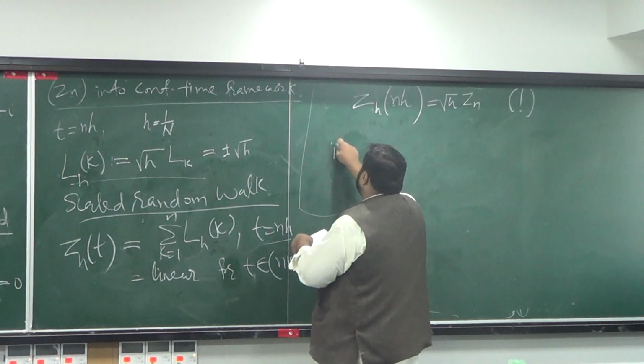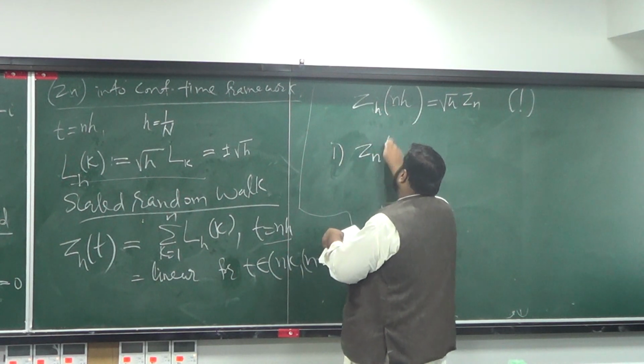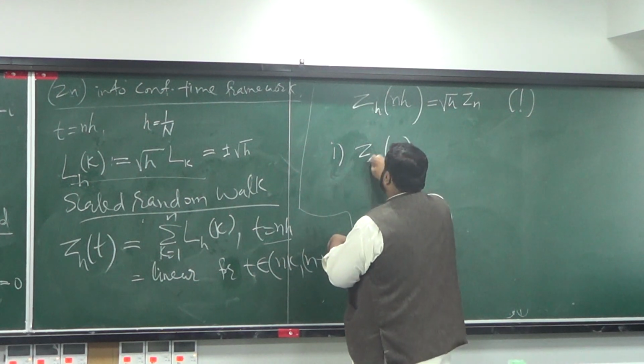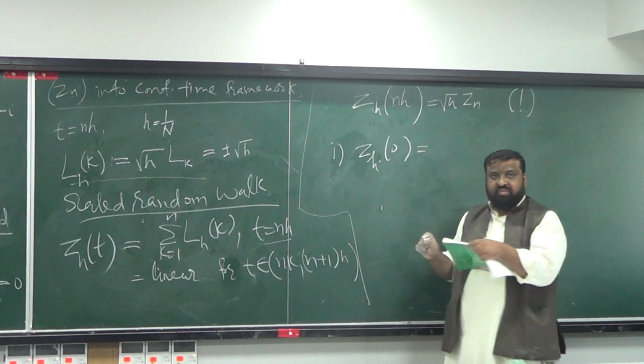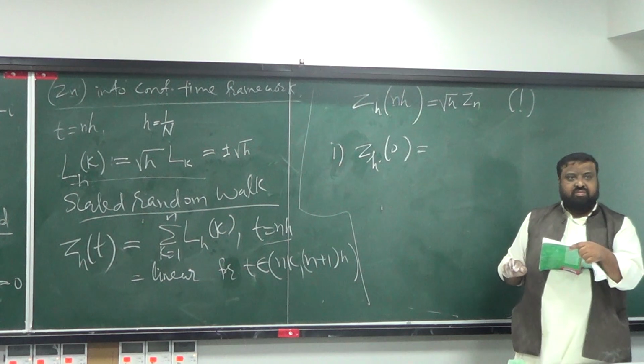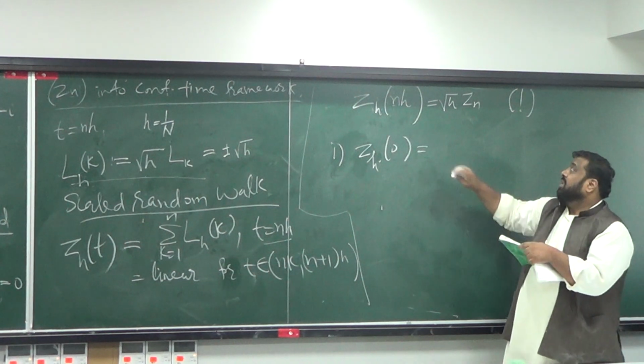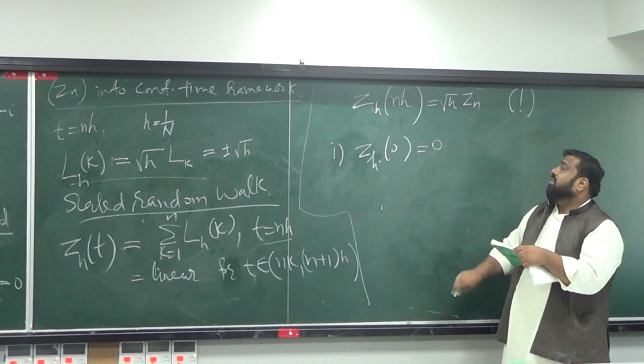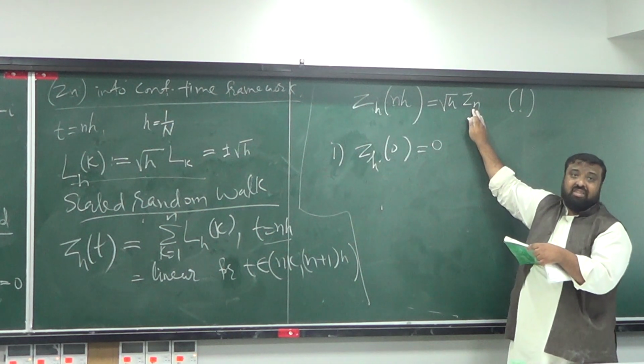Now let's see what properties it has. If I evaluate Z_h at 0, what are you going to get? 0. Because Z_n is 0.